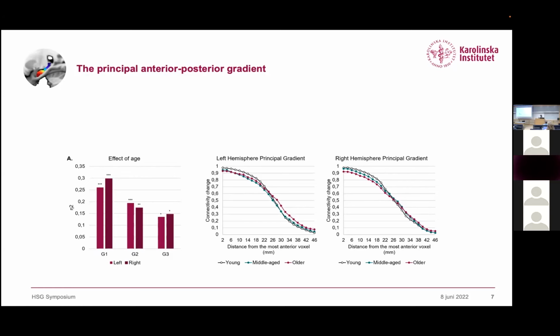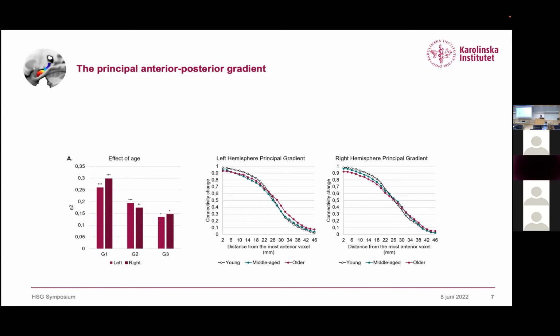So what we did then to visualize this was to divide this gradient into bins of about 2 millimeters and plot the average connectivity value for these bins as a function of their distance from the most anterior voxel in the hippocampus.